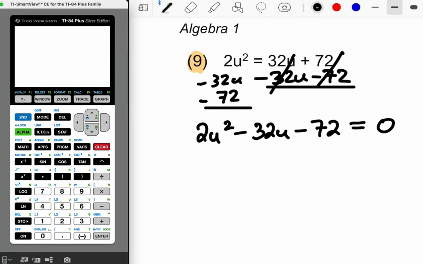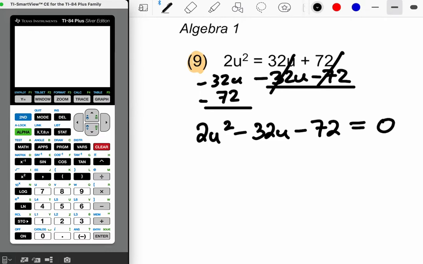So when you're dealing with a trinomial, you've got a couple of different possibilities to get started. One would be to just create the binomial framework, the two sets of parentheses. The other approach, really something you should always be doing, is look for a GCF.